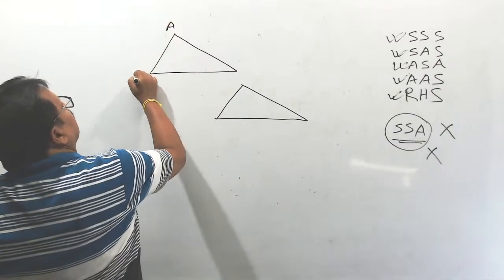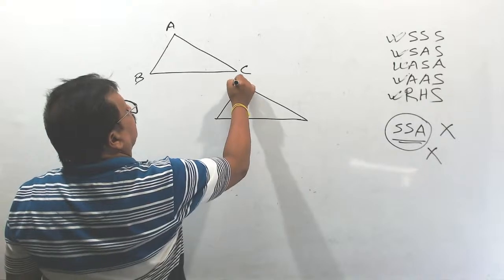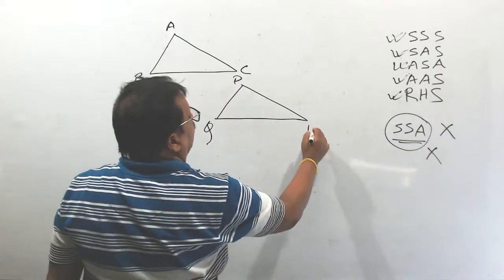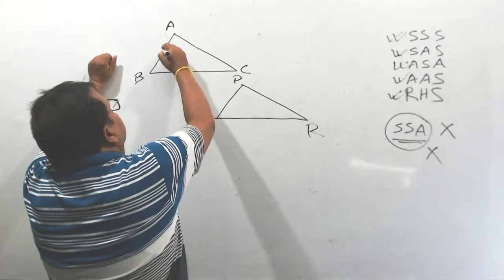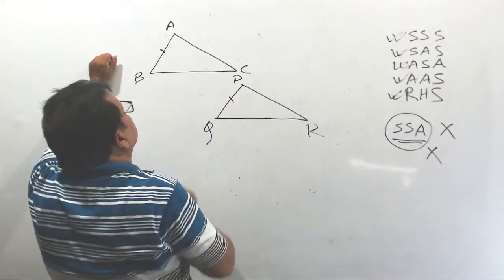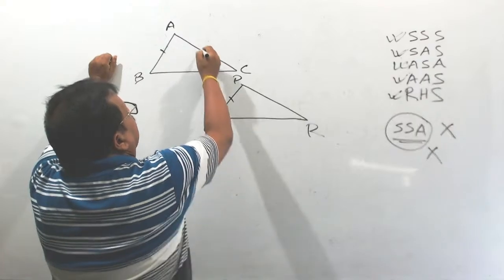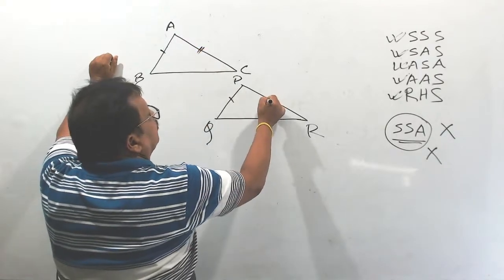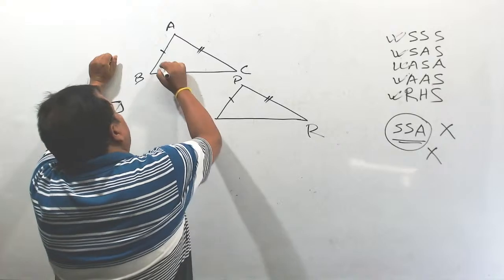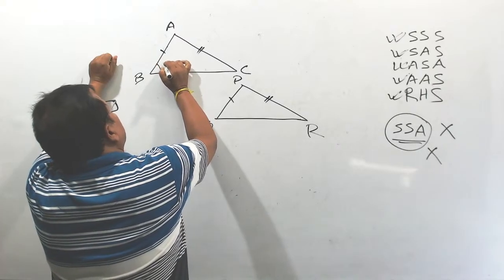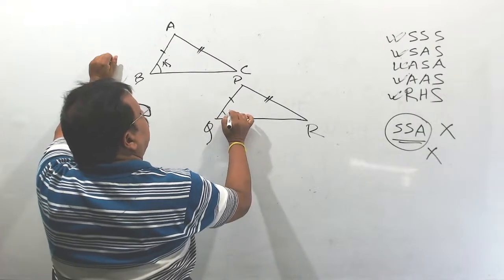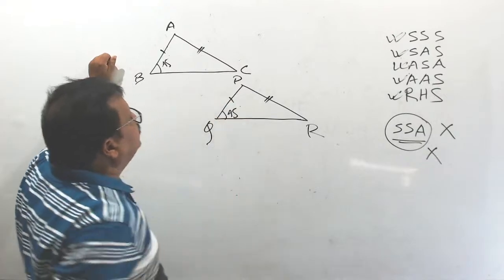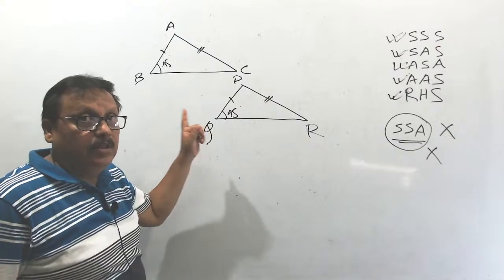Say A, B, C, P, Q, R. Say this side equal to this side, and this side equal to this side, and this angle say 45 degrees. I'm considering the example of 45 degrees. Very important. Follow this one.